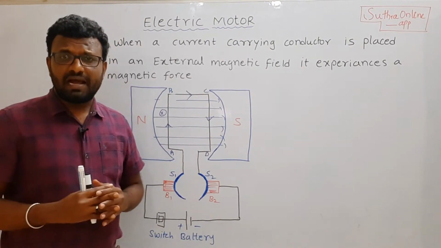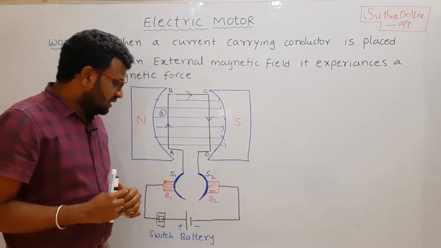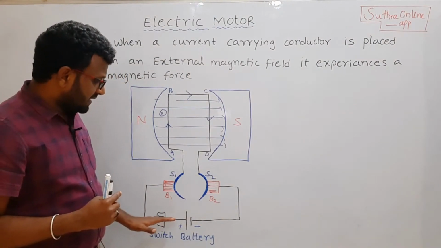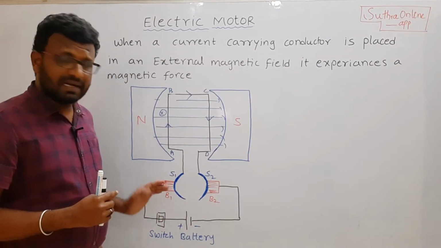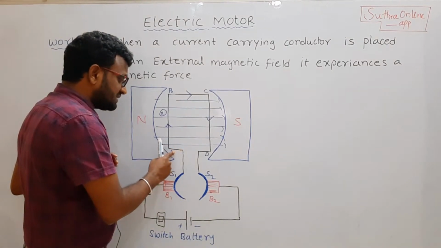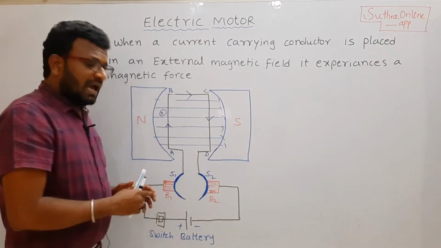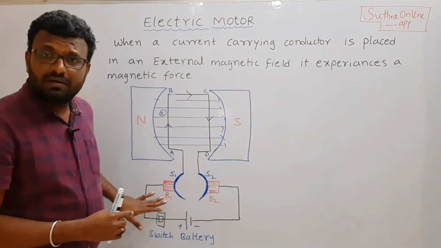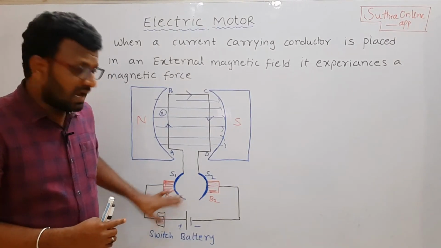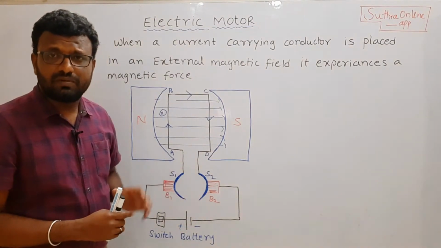How that will act, we'll see right now. When I switch on, the current comes from the battery and passes through coil A, B, C, D. It enters from the brush B1 and leaves from the brush B2.